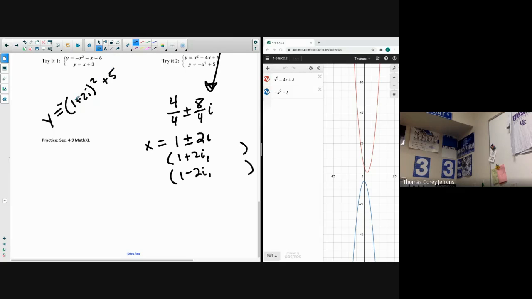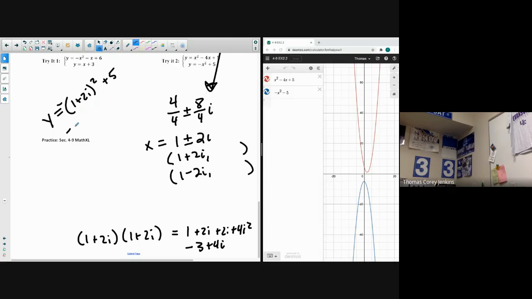So 1 plus 2i squared would end up being 1 plus 2i plus 2i plus 4i squared. And so that's 1 minus 4, which is -3 plus 4i.